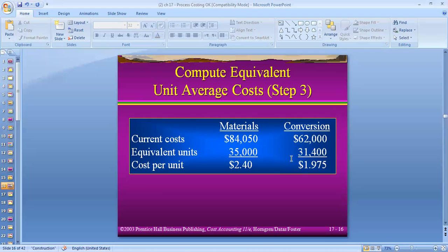No, here we calculate the average cost per unit from the current cost only. Then we will calculate the finished products transferred to the next process through adding the cost of beginning, as you will see now. So the current cost of the period divided by equivalent units gives cost per unit.